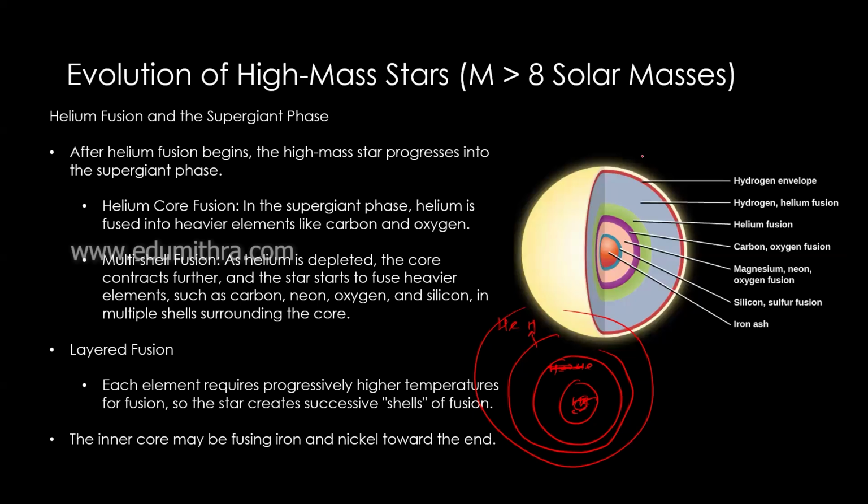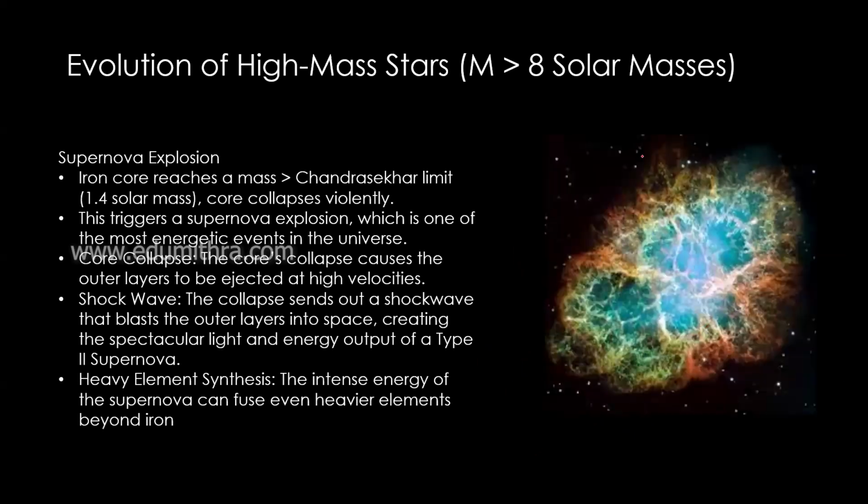Okay, now what is the problem? The problem is the supernova explosion. When the iron core reaches a mass greater than the Chandrasekhar limit. So the iron core is becoming bigger and bigger, but finally its mass becomes more than the Chandrasekhar limit. It happens only for massive stars, where the mass of the star is more than 8 solar masses.